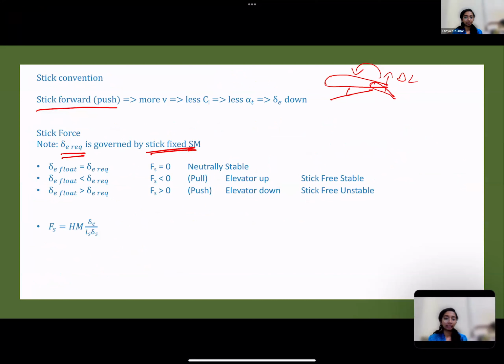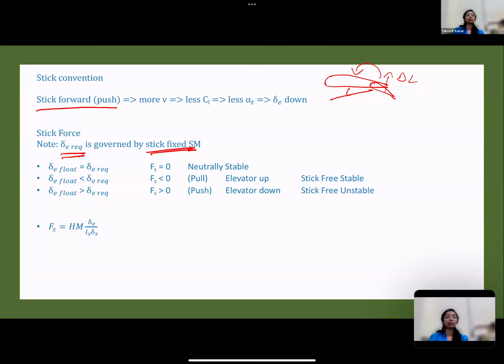Now, there are three conditions that sir discussed. If your freely floating elevator is already at the delta E required condition, then the pilot need not apply any force, stick force is 0, so the aircraft is neutrally stable. Now, if your freely floating elevator is less than the required elevator angle, so it's not at the same condition, the pilot needs to apply some force.